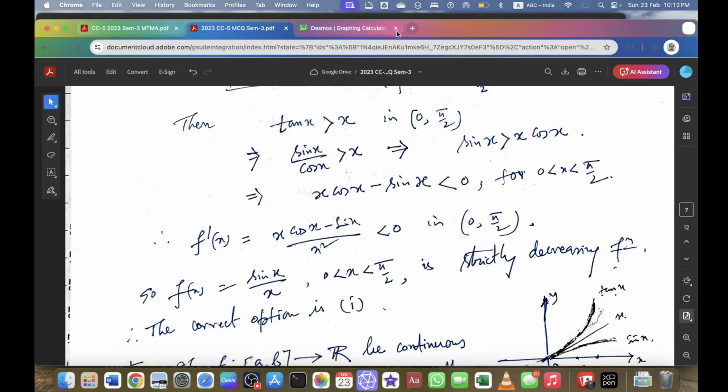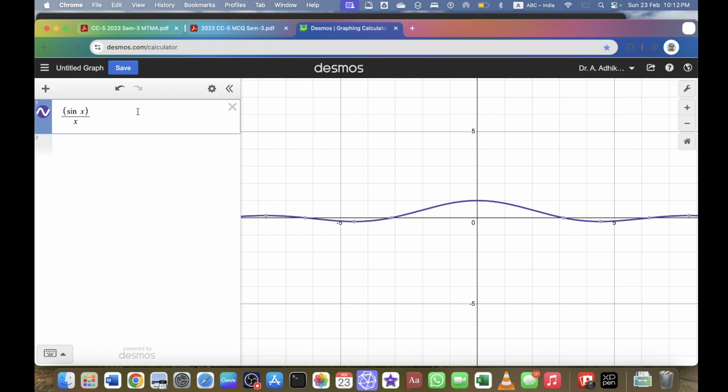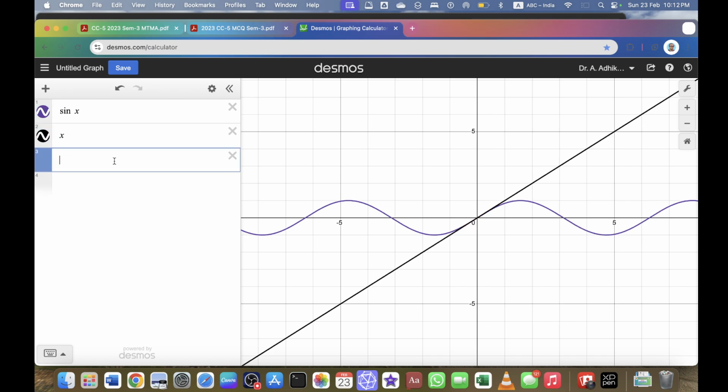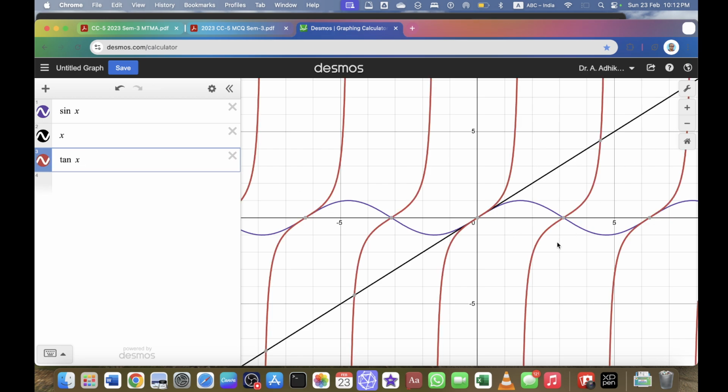If we draw all these graphs, sin x, x and tan x, we get the red curve as tan x, the straight line as x, and this is sin x. So within the limit 0 to pi by 2, tan x is greater than x, which is greater than sin x.